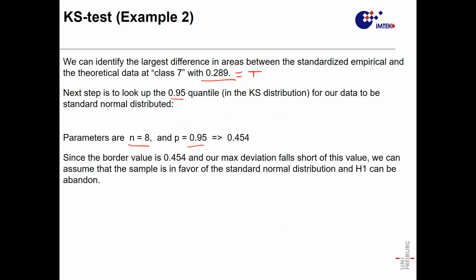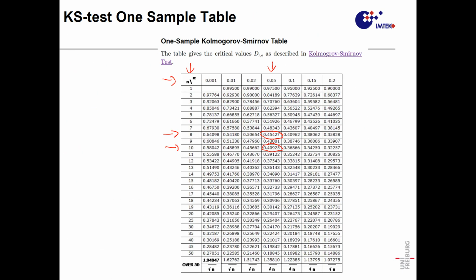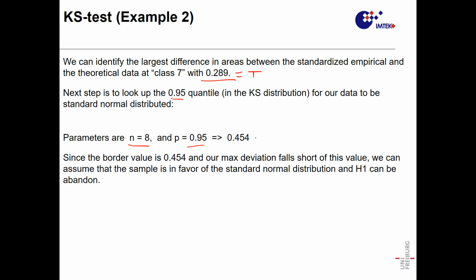I don't want to get exactly. So 0.454. Okay? So that's how you get this value here. You look at the table, n equal to 8, 95.